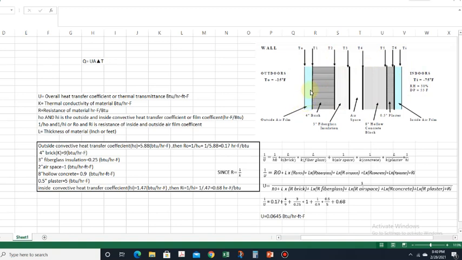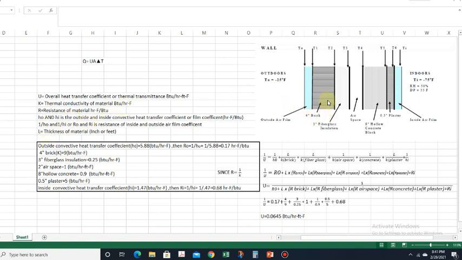Here we have the outside air film, that is nothing but the film coefficient, that is the heat transfer coefficient.